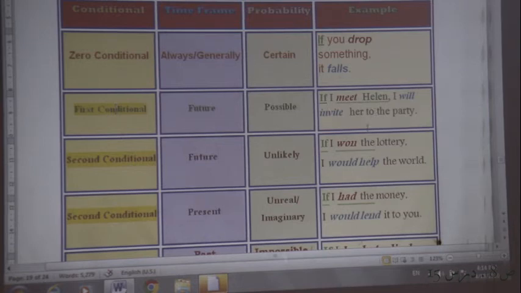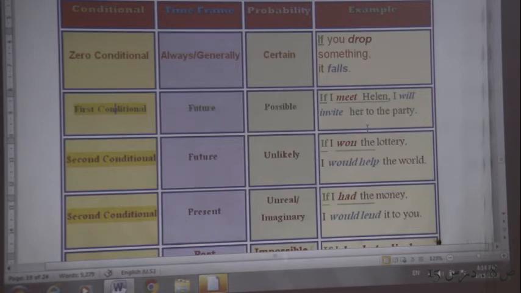As you can see, dear students, in the if part I need the present simple, but in the second part I need will plus the base form, the bare infinitive. So if I meet Helen, I will invite her to the party. This is the form of the first conditional.